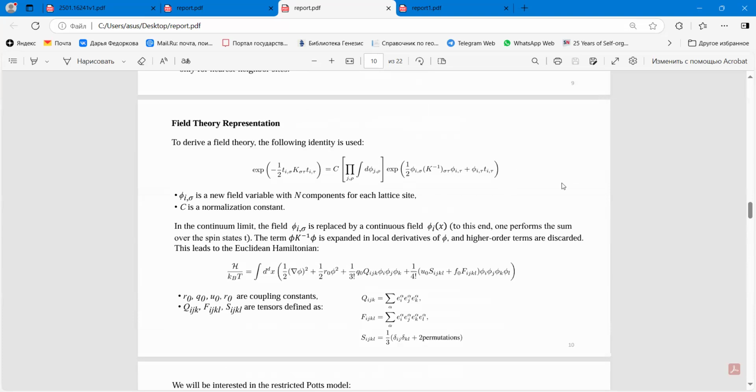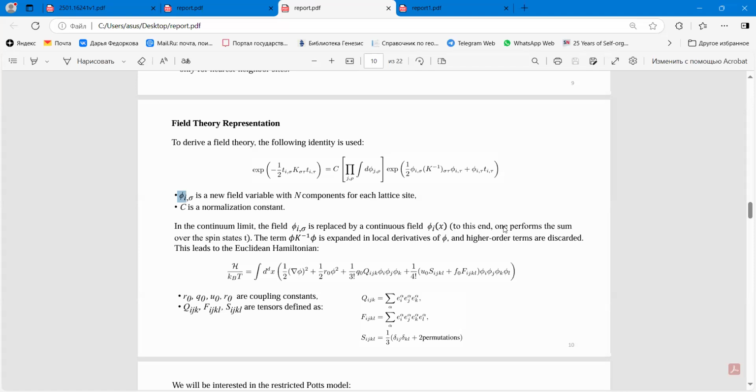So type of equation, and phi is a new field variable with n components for each lattice site. So in the continuum limit, the field phi is replaced by a continuous field phi of x.